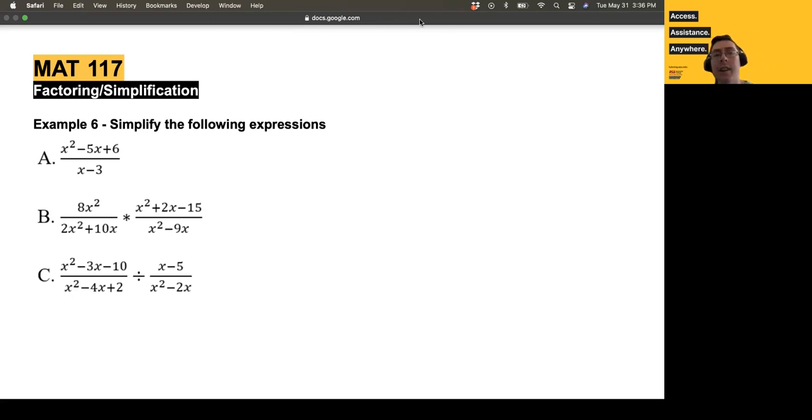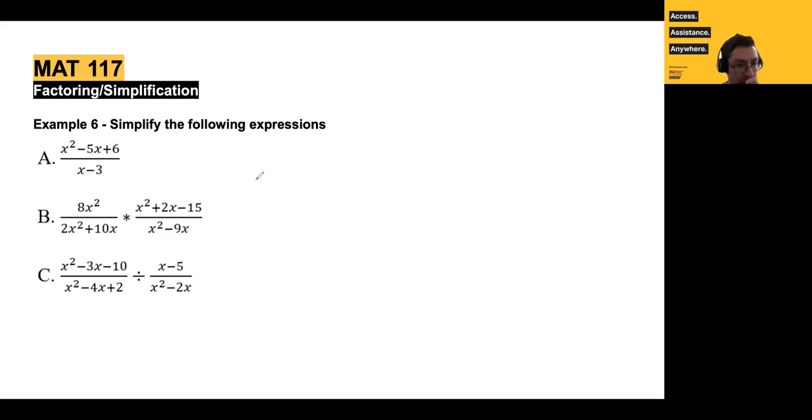The way we simplify these will involve factoring, though, which is the difference from what we did previously. The only thing we can factor here is the top. And just like we did previously, numbers that multiply to 6, well, there's plus and minus 2 and 3. -2 and -3 would add to -5.